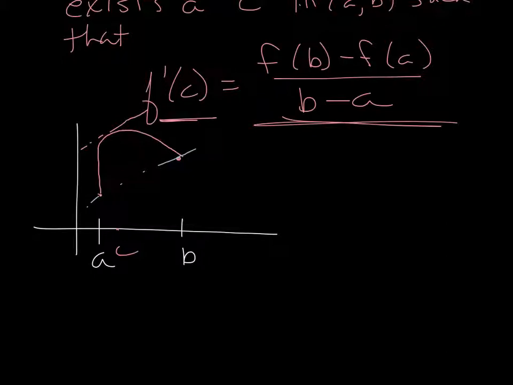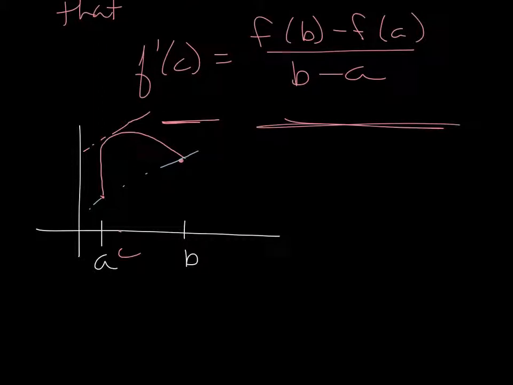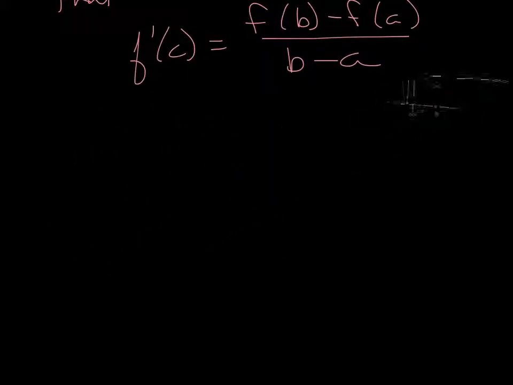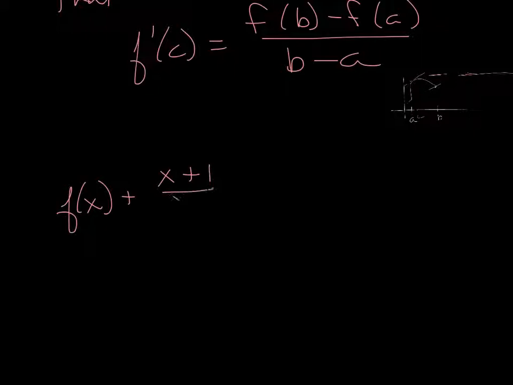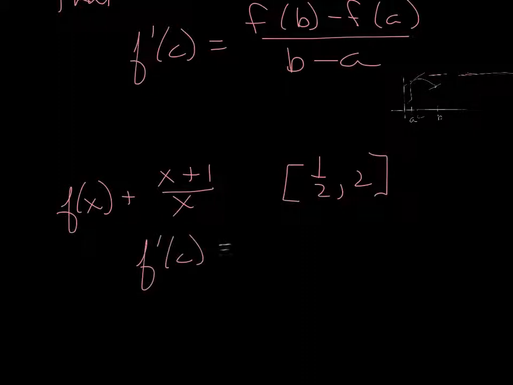So let's look at a function. f of x equals x plus 1 over x. And I want to find all the values in the interval from 1/2 to 2 such that f prime of c equals f of b minus f of a over b minus a.